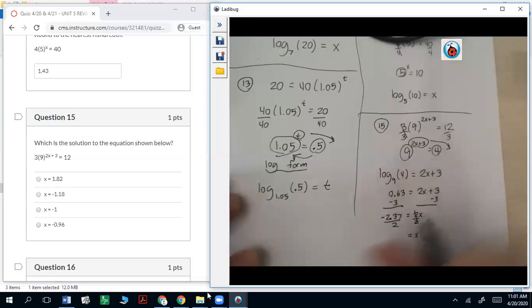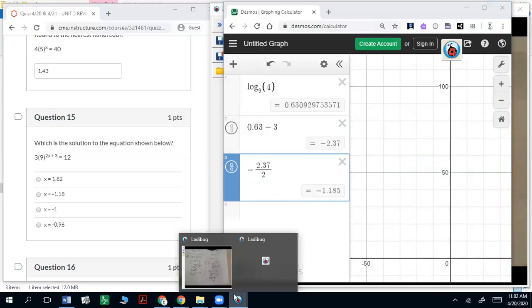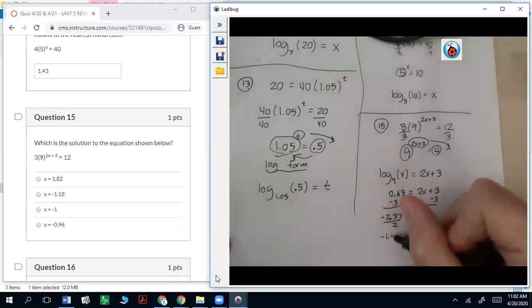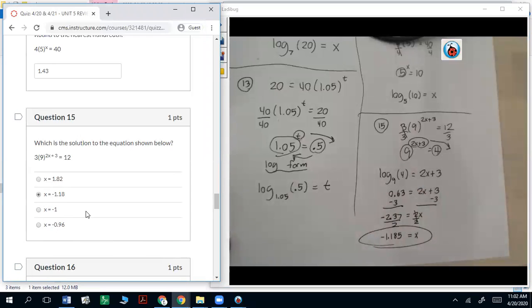So x is going to be whatever negative 2.37 divided by 2 is. So the answer is negative 1.185. And the closest thing I have to negative 1.185 is negative 1.18. All right, we'll do the last 5 problems in a separate video.